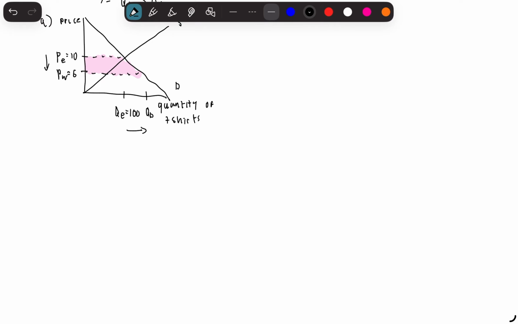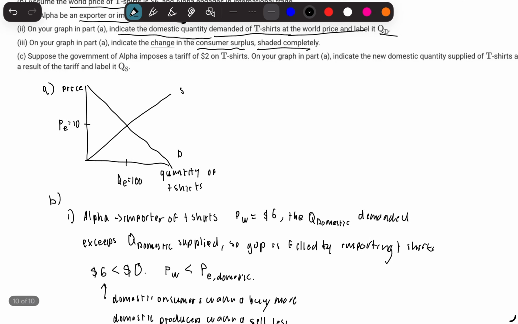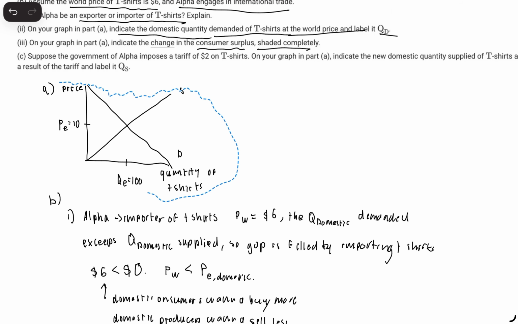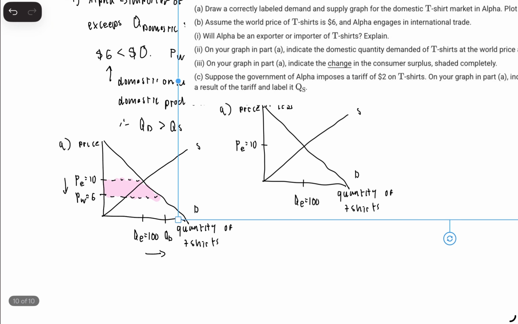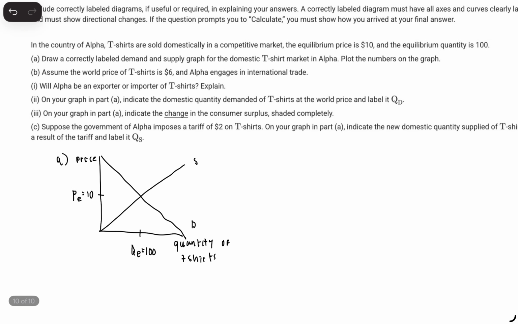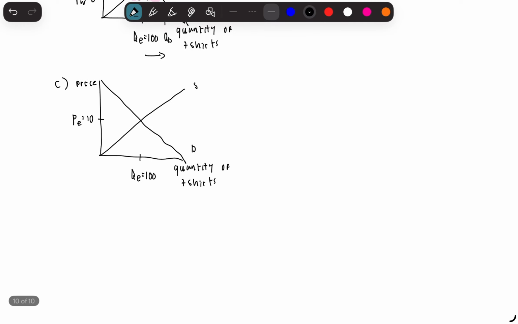Now, part 3. On your graph in A, indicate the change in the consumer surplus, shaded completely. Okay, so we're going to draw this.